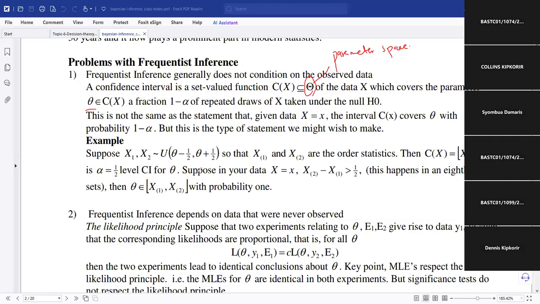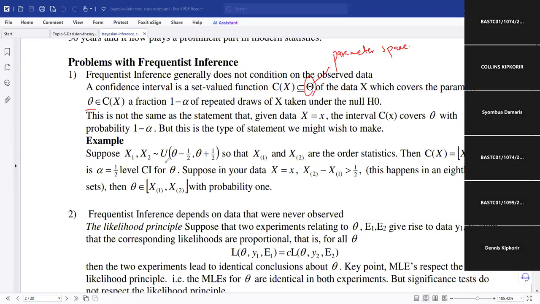Now suppose the data x is such that x2 minus x1 is greater than a half. This happens in an eighth of the data sets. Then theta within this parameter space is within this interval with a probability of 1. So this is bringing in something else referred to as order statistics, considering the observations x1 and x2.